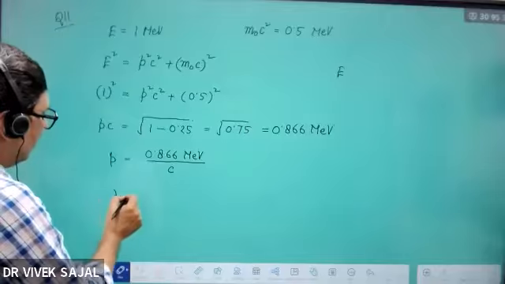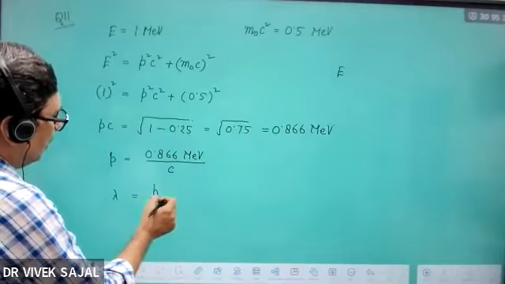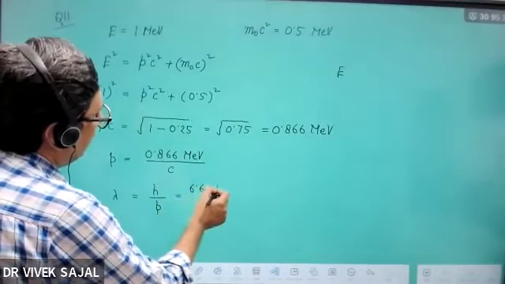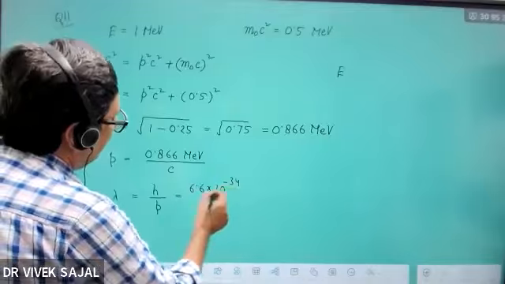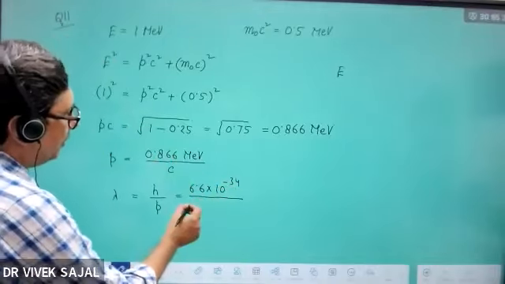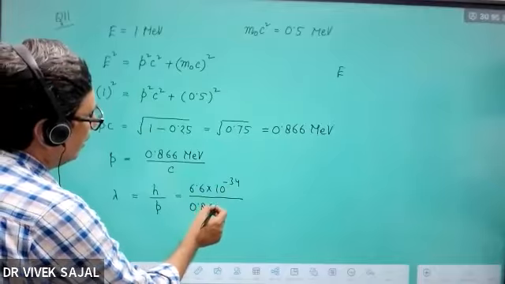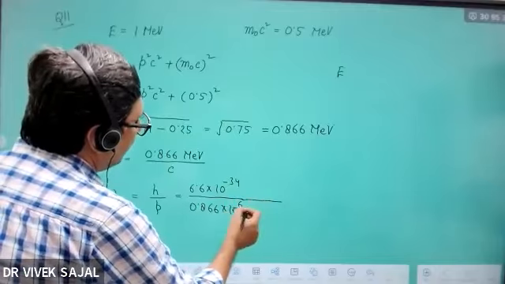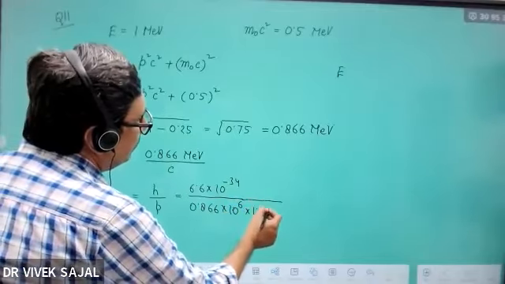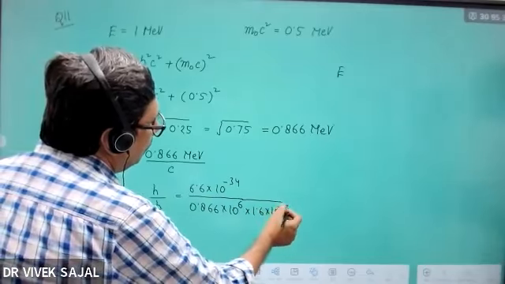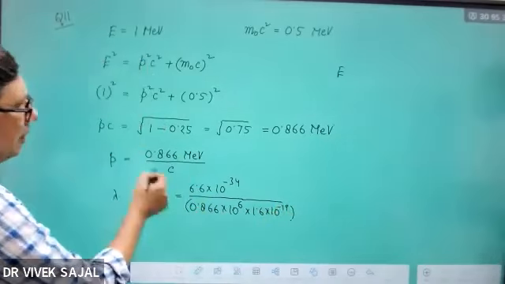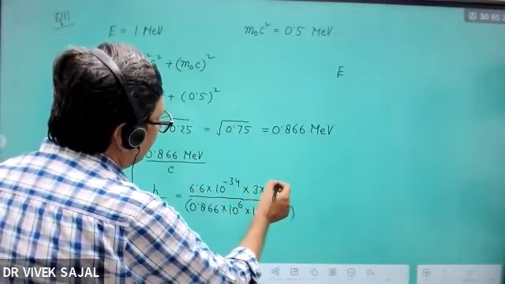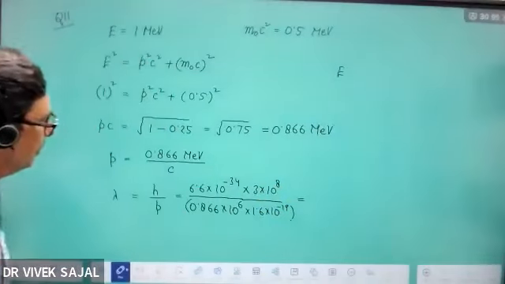So what will be lambda? Lambda will be h upon p. H is 6.6 into 10 to the power minus 34. Here p is 0.866 MeV, so 10 to the power 6 electron volt into 1.6 into 10 to the power minus 19 joule, now it will be in joule, divided by C, which is 3 into 10 to the power 8. Calculate this wavelength.